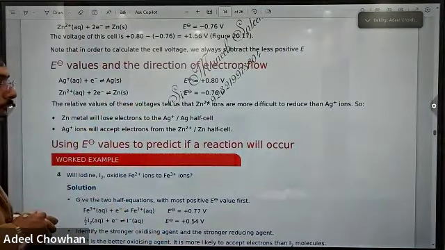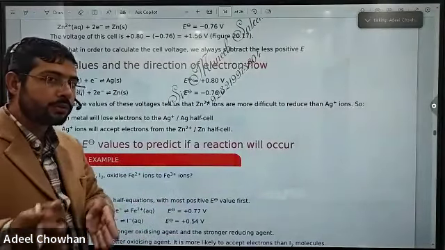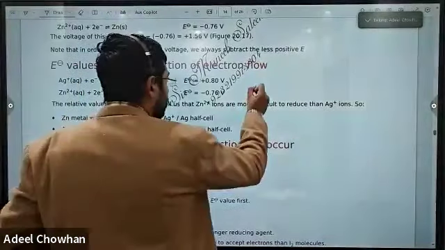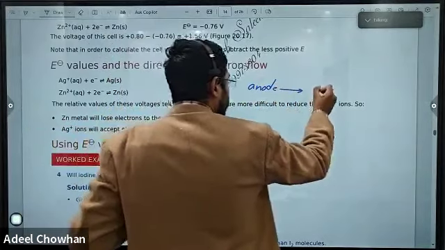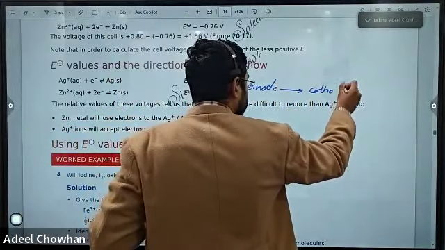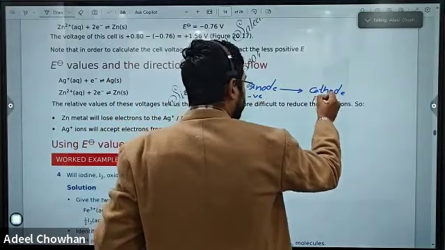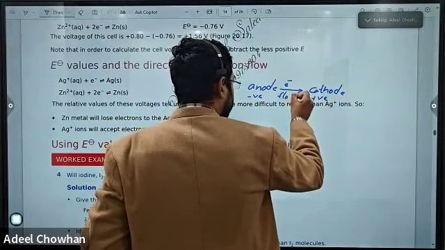The anode is the negative electrode. So the electron flow is from the negative electrode towards the positive electrode, or in other words, we say from anode to cathode. Anode is the negative electrode, cathode is the positive electrode, and this is the direction of electron flow.